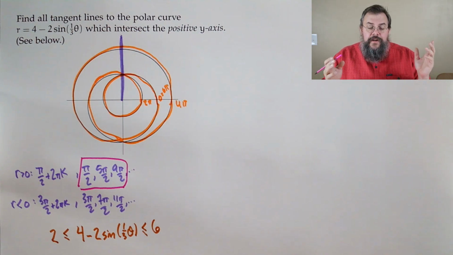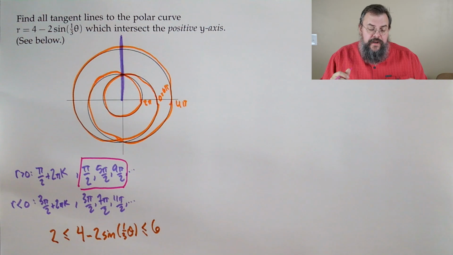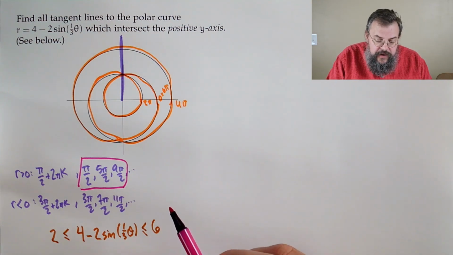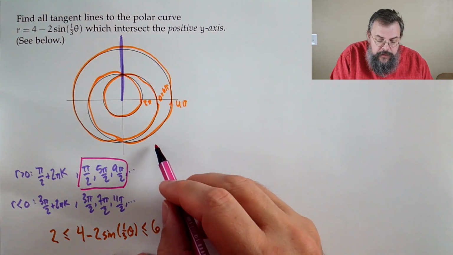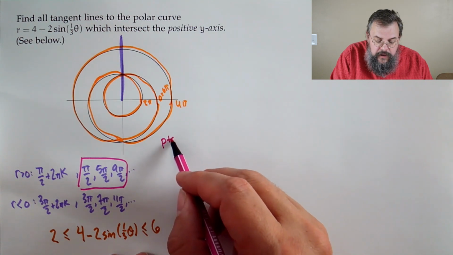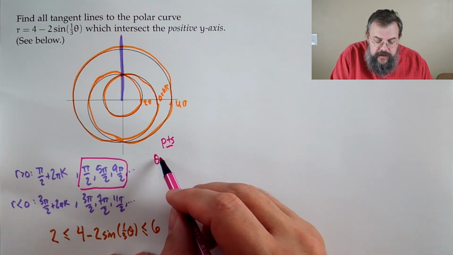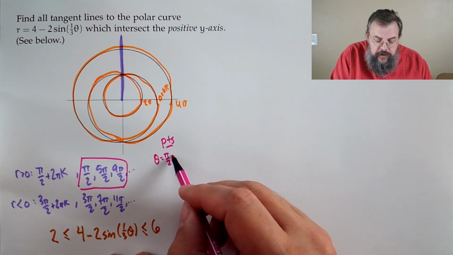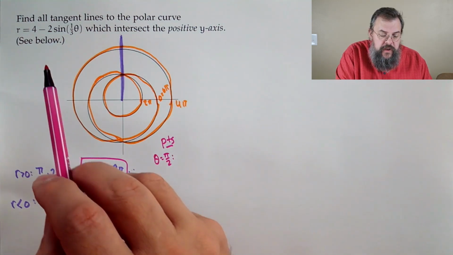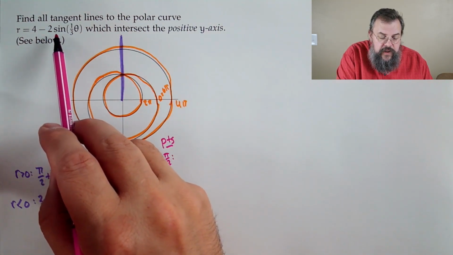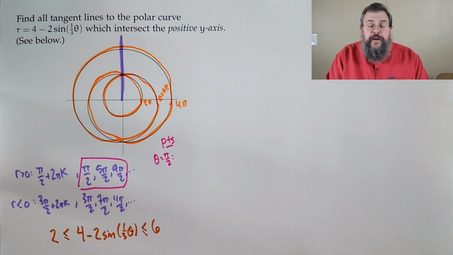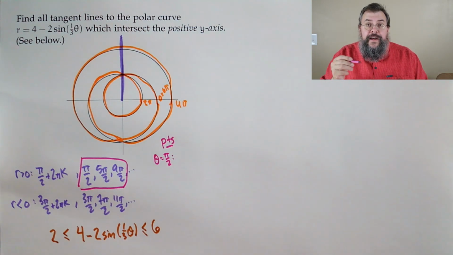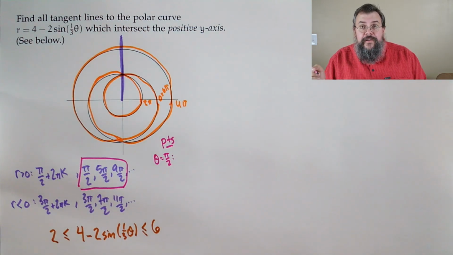Once you know r, life is good. Okay, so let's think about our points. So if we're doing our points, well, we have for theta equals pi halves, what happens? Well, we have sine of 1/3 times pi halves. That's sine of pi over 6.